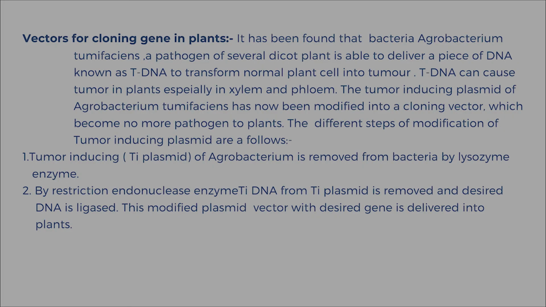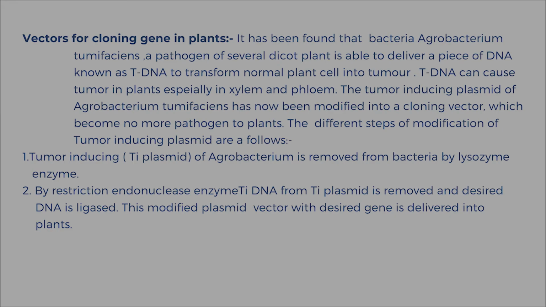Now, vector for cloning gene in plants and animals. In this case, to make the plant disease resistant, we have to deliver a gene in plants so that the plant becomes disease resistant.